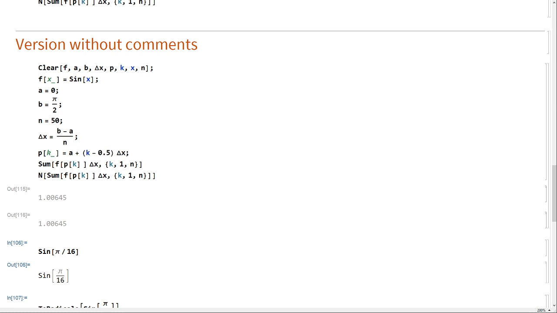If we want left endpoints, you have to go back to that video where I was speaking very generally about what the rules look like. This is the x_i star line. So if we want left endpoints, we have to use this, because our sum starts at 1, but we need x_1 star to just be a. So we have to make sure we get 0 copies of delta x. When we run this one, we're going to get 50 rectangles. Now it's not going to graph it, of course, but go ahead and see it.